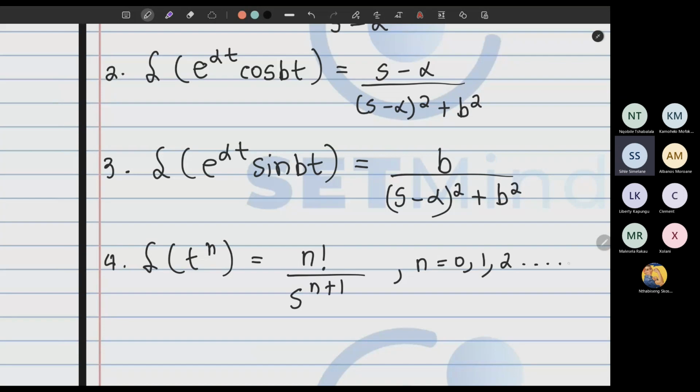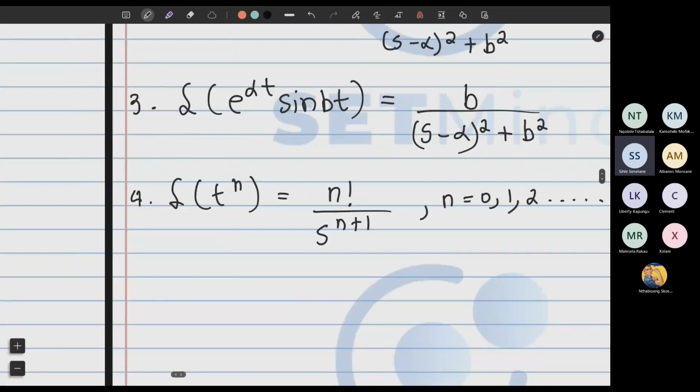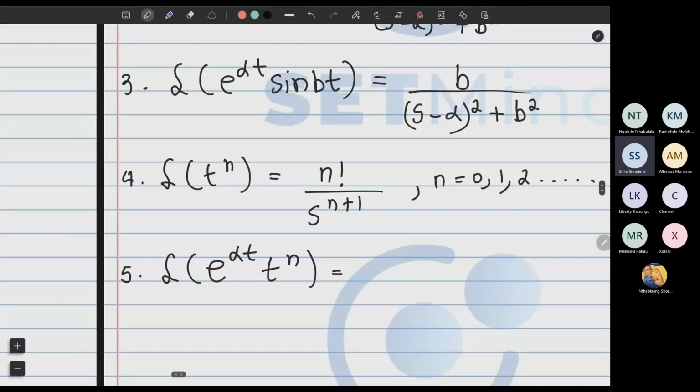So essentially n is an element of natural numbers. And then let's look at number 5 and pause here. Laplace transform of e to the alpha t times t to the n is the same as n factorial divided by s minus alpha to the power of n plus 1.